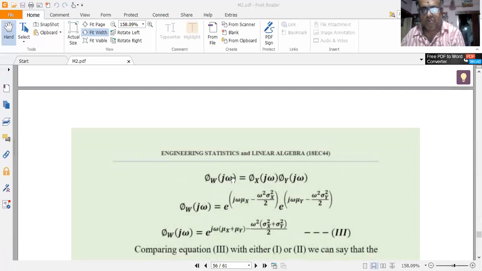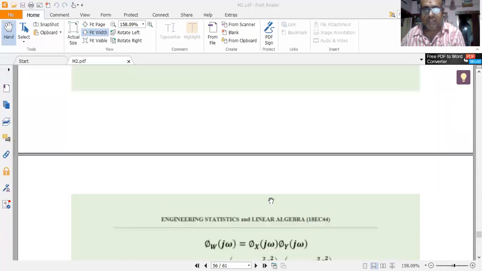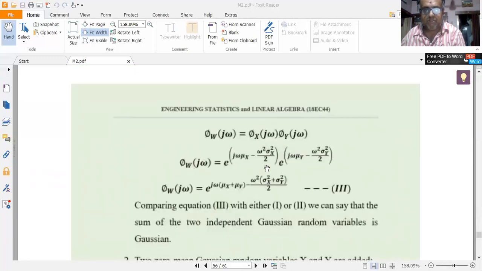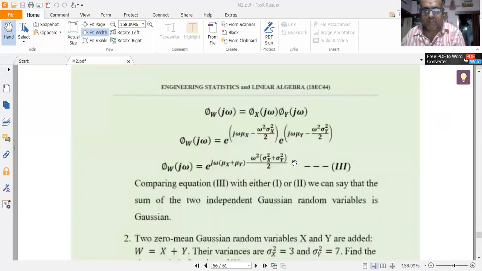So phi w of j omega is equal to phi x of j omega multiplied by phi y of j omega. That's why I shall multiply equations 1 and 2. So I get phi w of j omega is equal to e to the power of j omega mu x minus omega squared sigma x squared by 2 multiplied by e to the power of j omega mu y minus omega squared sigma y squared by 2.